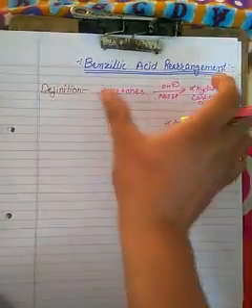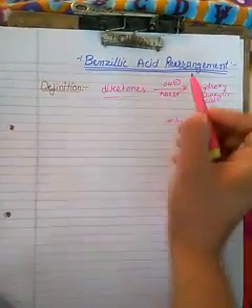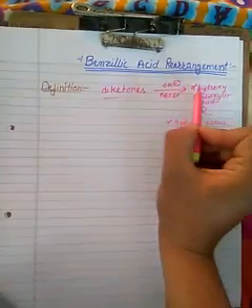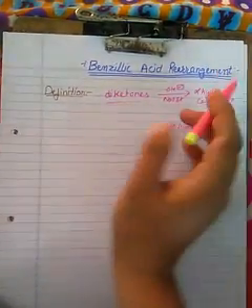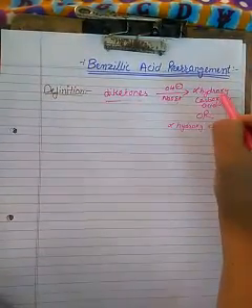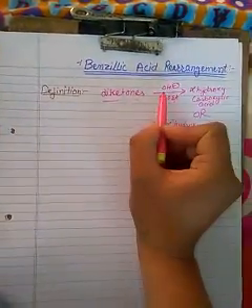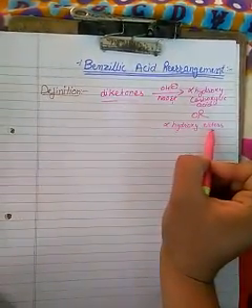Okay, so what is benzilic acid rearrangement? It is the conversion of diketones in the presence of base, generally sodium hydroxide or sodium ethoxide. If we take sodium hydroxide, then the major product is alpha hydroxy carboxylic acid, and if we take sodium ethoxide, then the major product is alpha hydroxy esters.